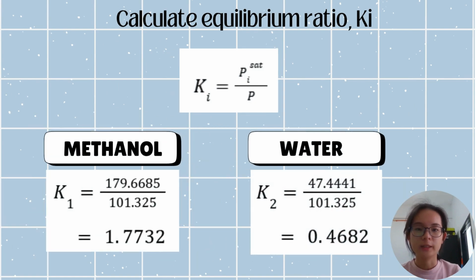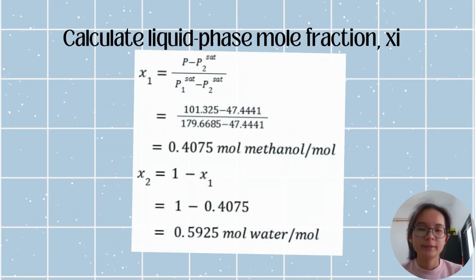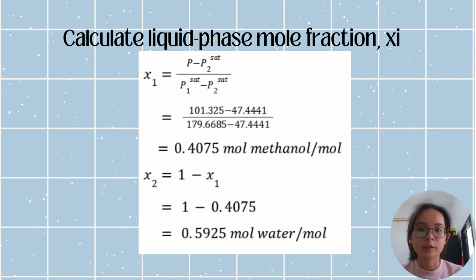Moving on, we calculate the equilibrium ratio K by using the formula saturation pressure over pressure. For methanol, we obtain the value of 1.7732, and for water, we obtain 0.4682. Now we can calculate the liquid phase mole fraction x.